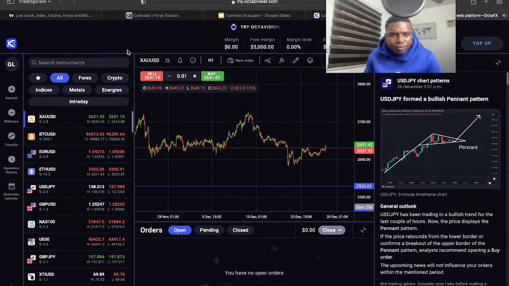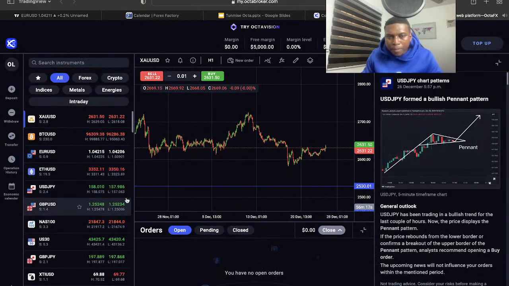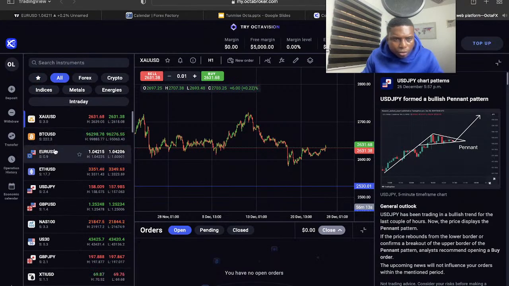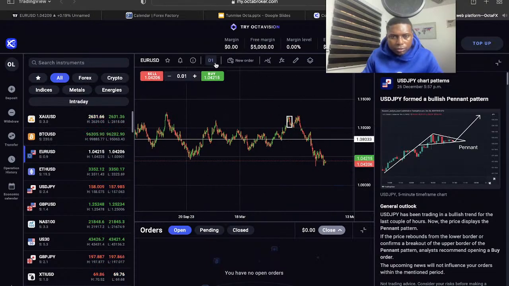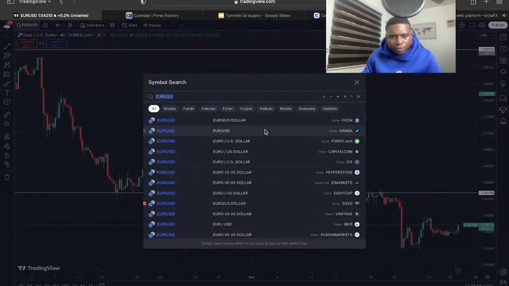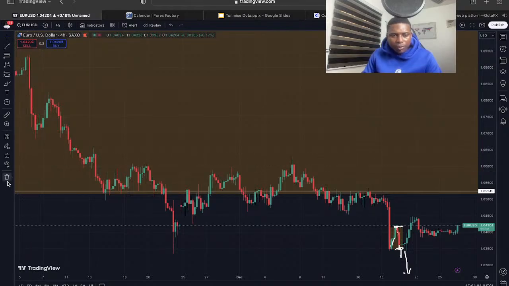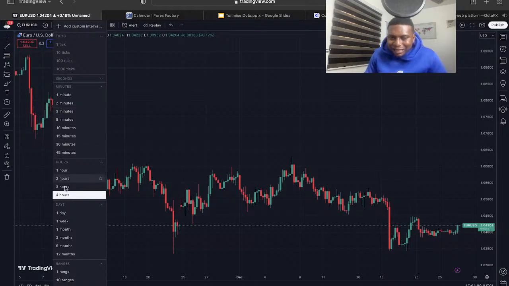All right. So here is our Octa Trader app, and let's go to Euro USD. Okay, good. Now, one important thing that I would like us to note here is whenever we are looking at a top-down approach, we are going to start with the higher time frame.